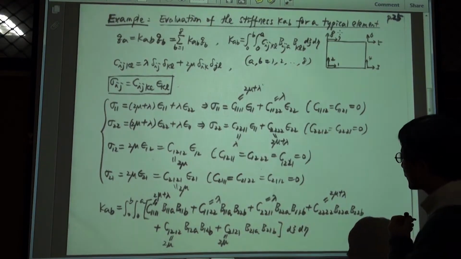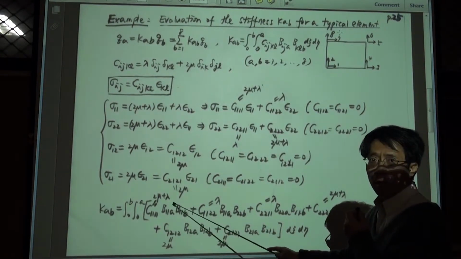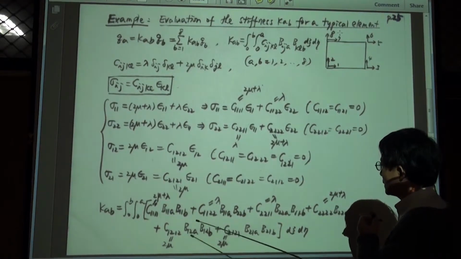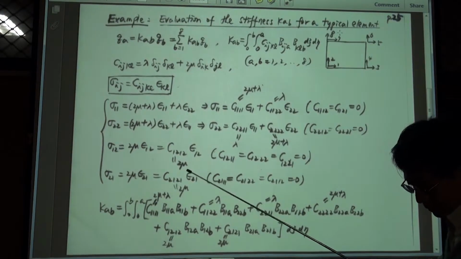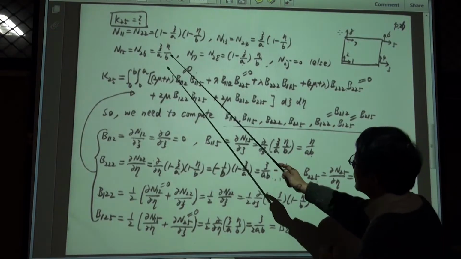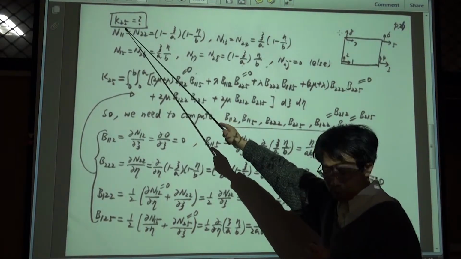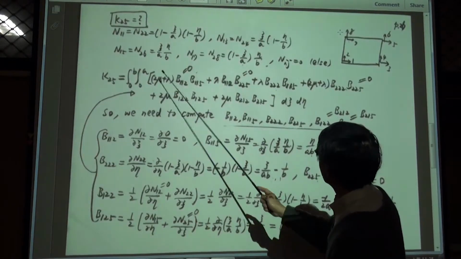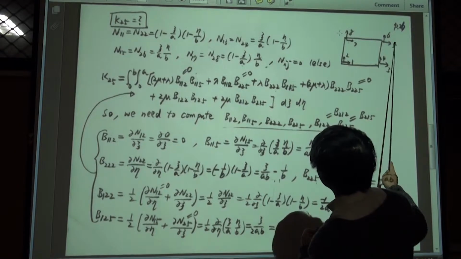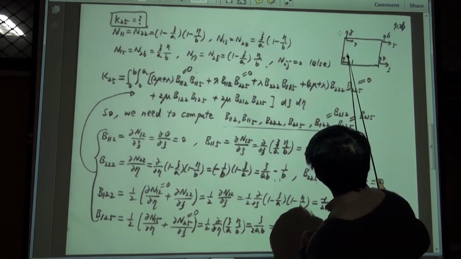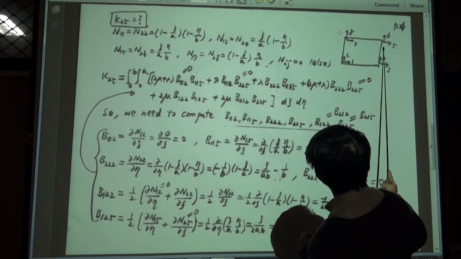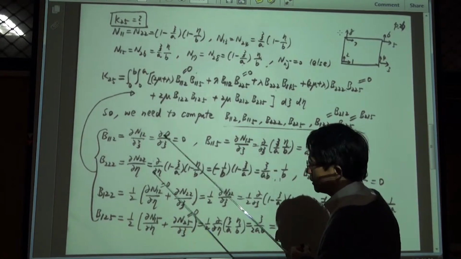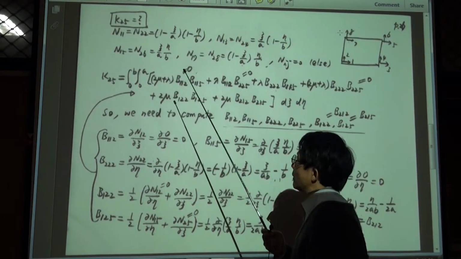And also we can compute the shape function for the strain easily. We use one example, K25, which means A equals 2, B equals 5. K25 relates the nodal force P2 to the nodal displacement Q5 by this stiffness component.